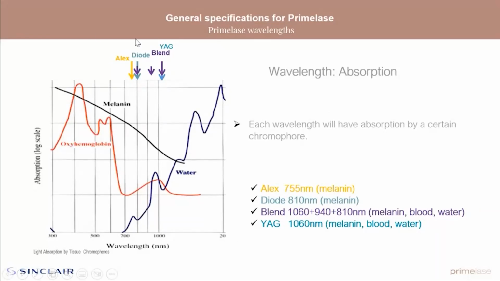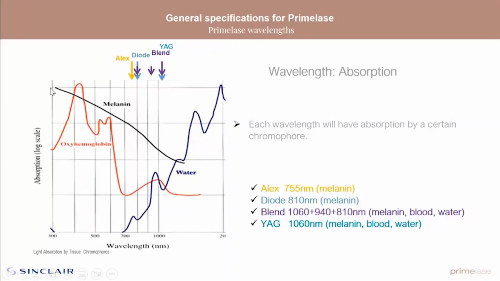This graph is really, really important to understand, not only for our device, but for understanding all lasers in the world. This is the absorption graph. Here we can find the absorption, and here we can find the wavelengths. We will see how the absorption of the different chromophores happens depending on which wavelength we are working with.